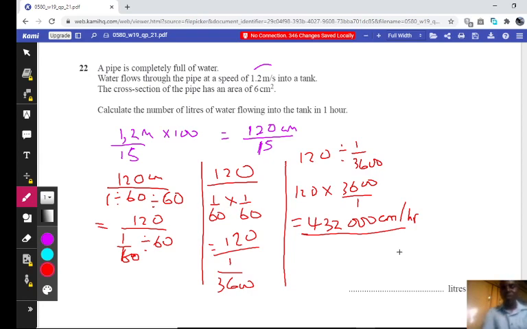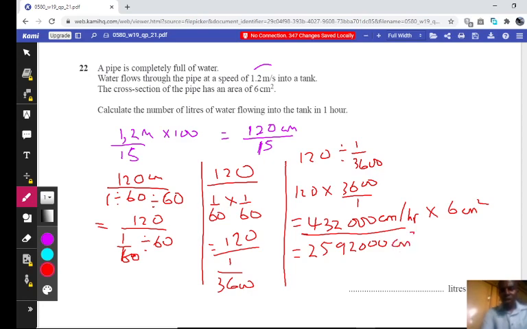This one is the length per hour, so you multiply by 6 square centimeters. 432,000 times 6, what do we get? You get 2,592,000.